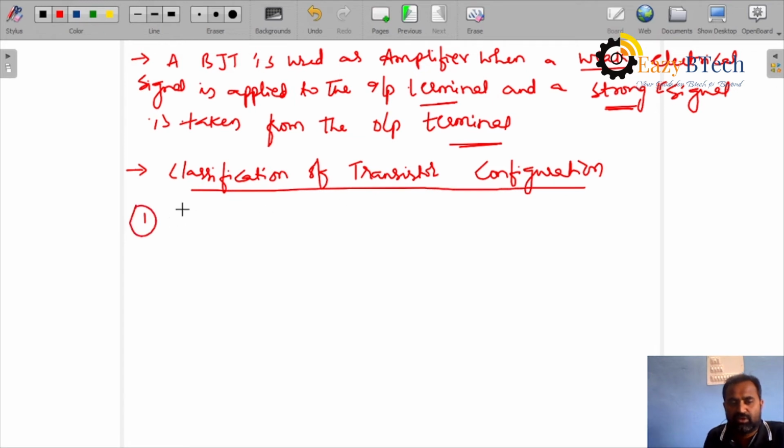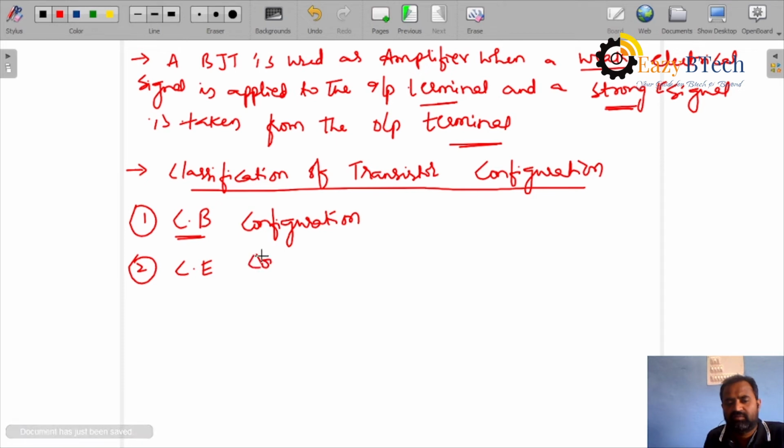Number one is common base configuration. Second, common emitter configuration. Third one is common collector configuration.